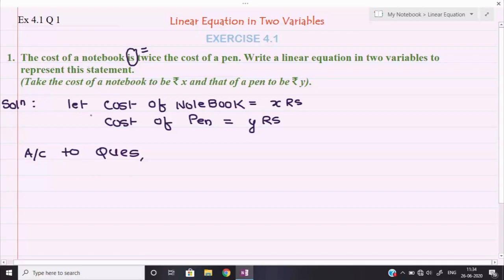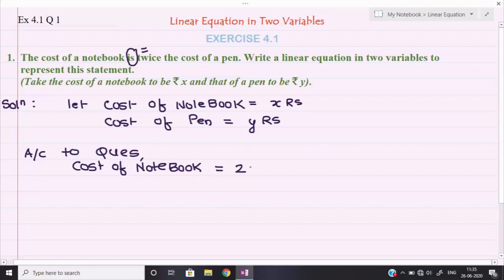Cost of notebook. I will write it here once again in the form of language. Cost of notebook is, which I will consider as an equal sign, twice the cost of pen. Twice means 2, and 2 will multiply with the other term.